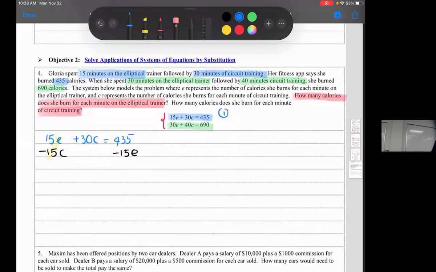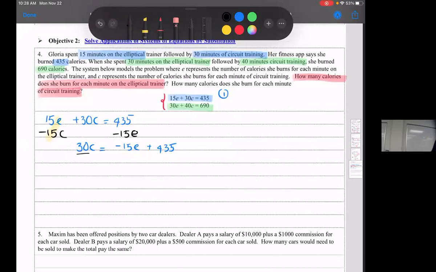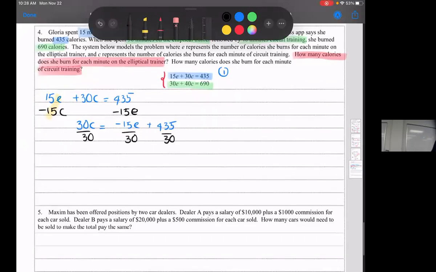So I have 30C equal negative 15E plus 435. Divide both sides by 30. C equal negative half E. Right? Negative 15 over 30 is negative half E.